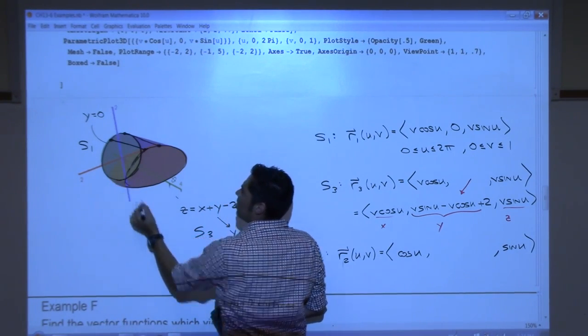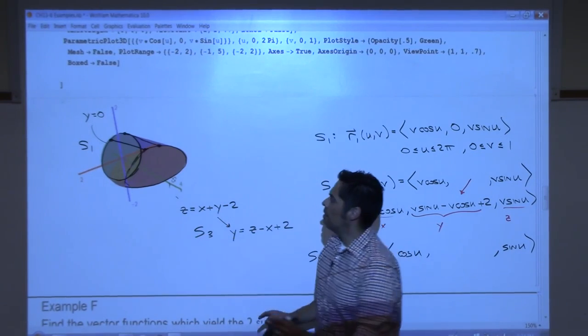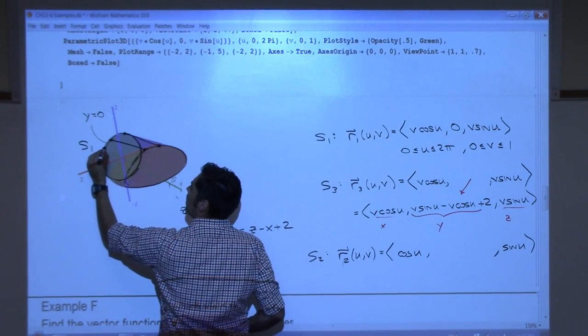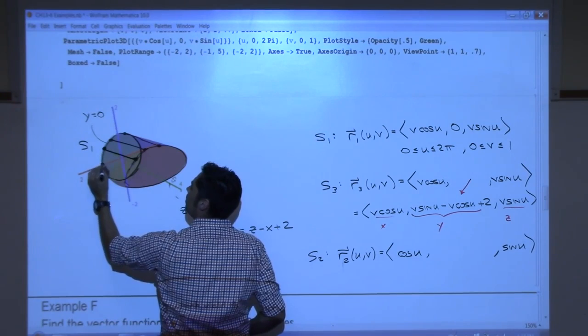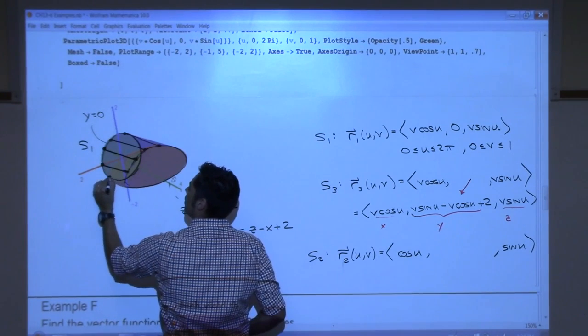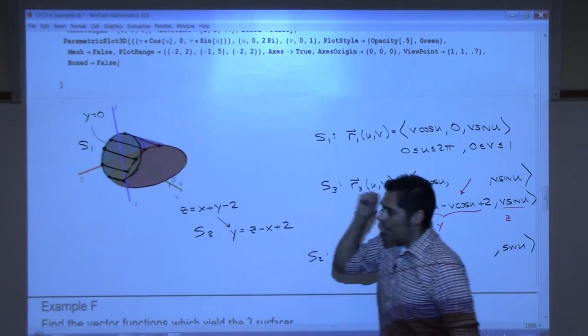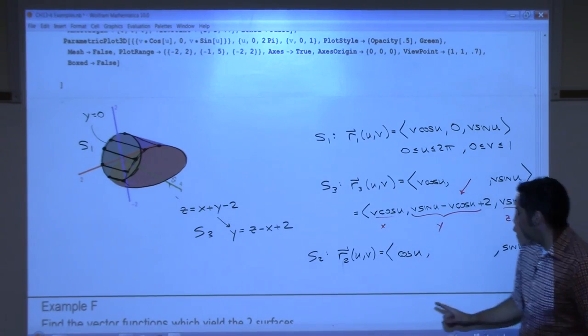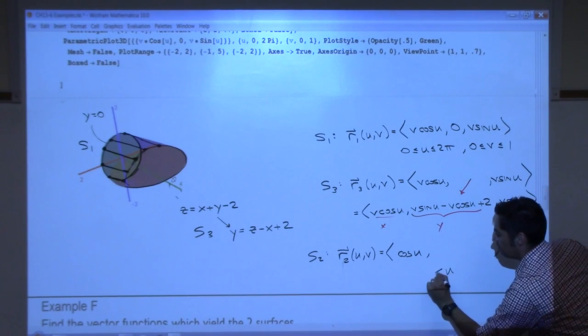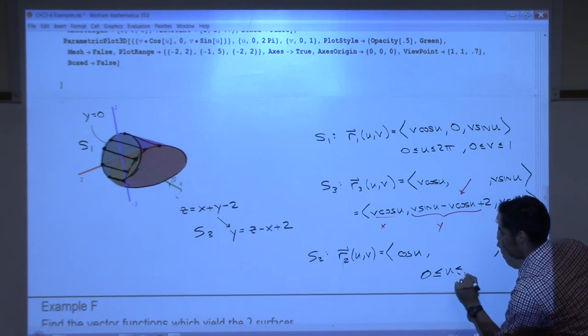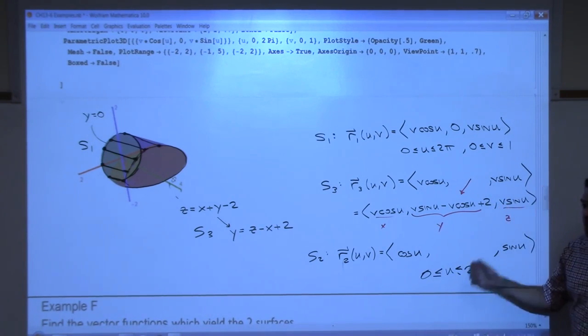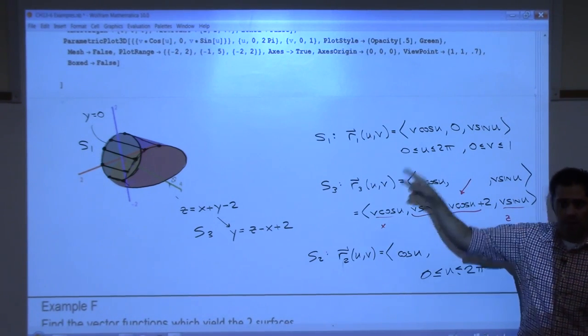I think I messed that up, but that's the edge, right? So as I pick points along that circle, I fix the point, which would be, I plug in one of these u's. Any u between 0 and 2 pi, plug that u in, I've got a point on that circle.